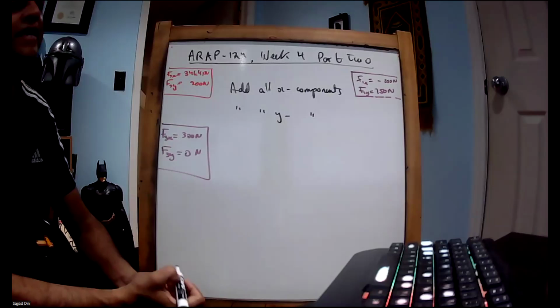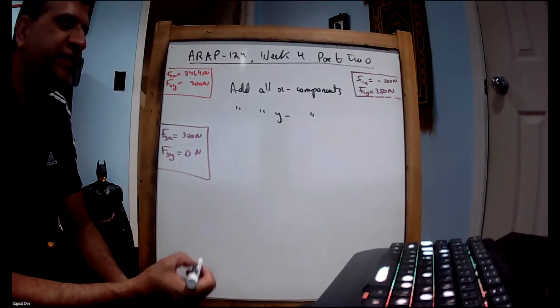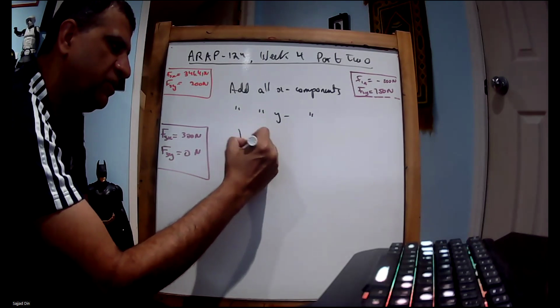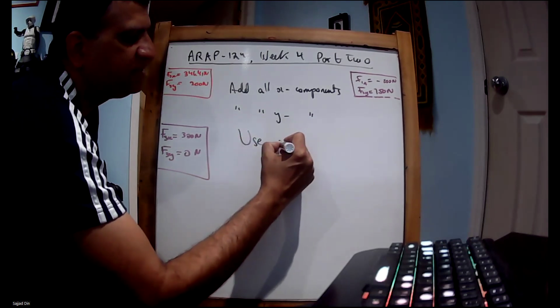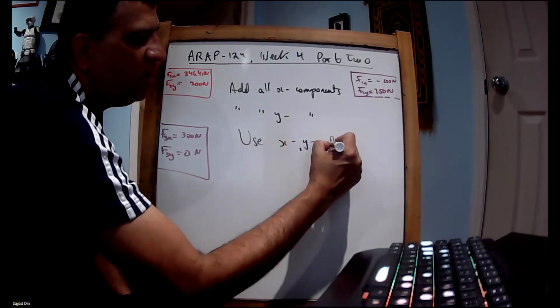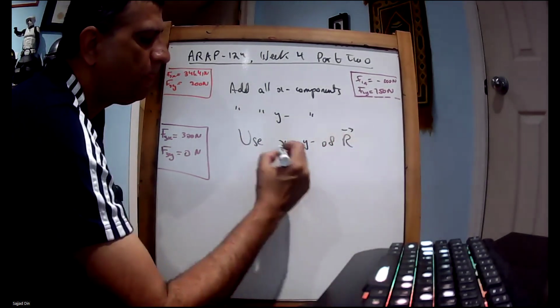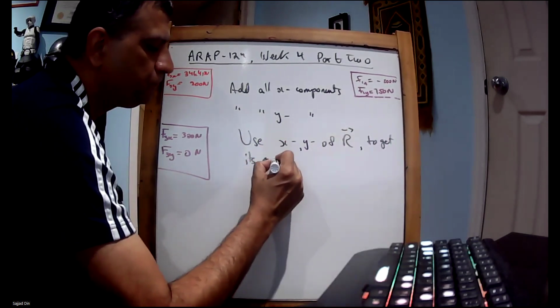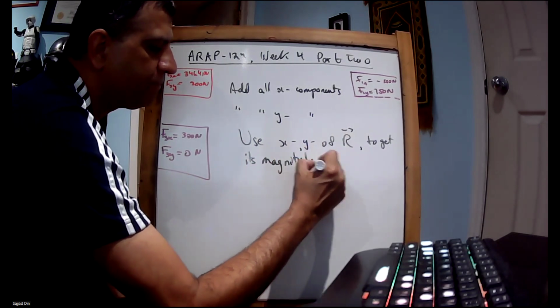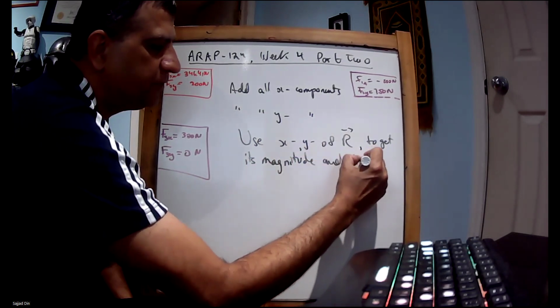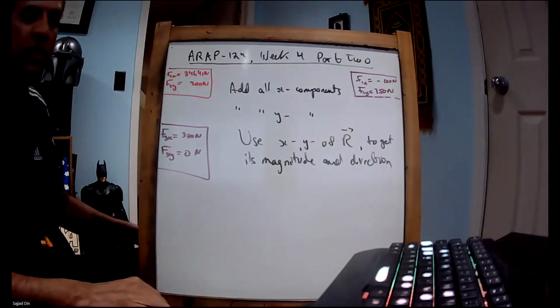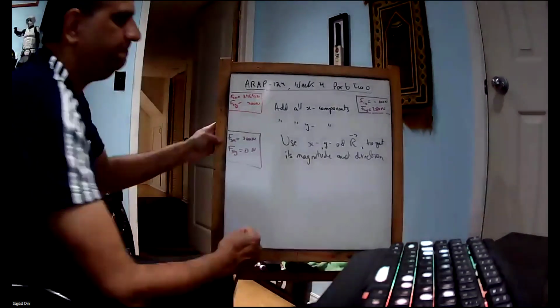And whatever you get is the x and y component of the resultant R. Then you use the x and y of R to get its magnitude and direction. So I'll let you guys do that now. You should be able to.